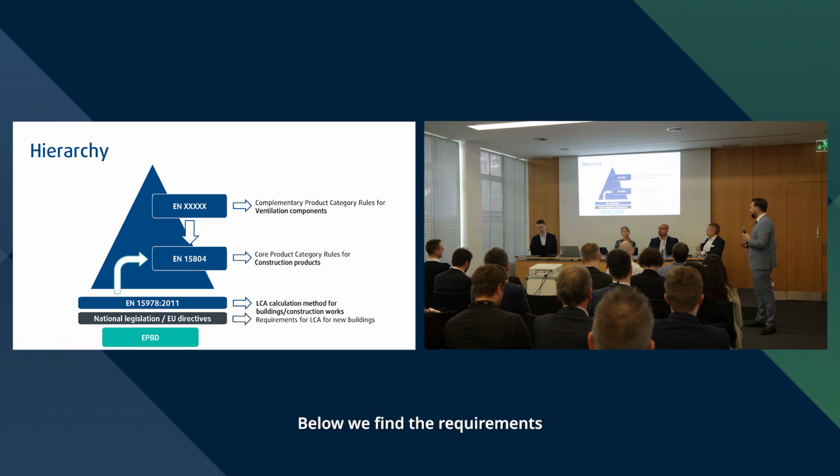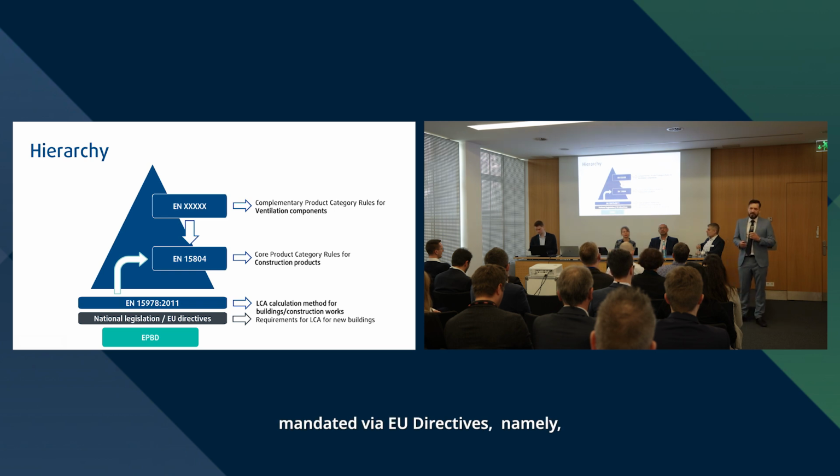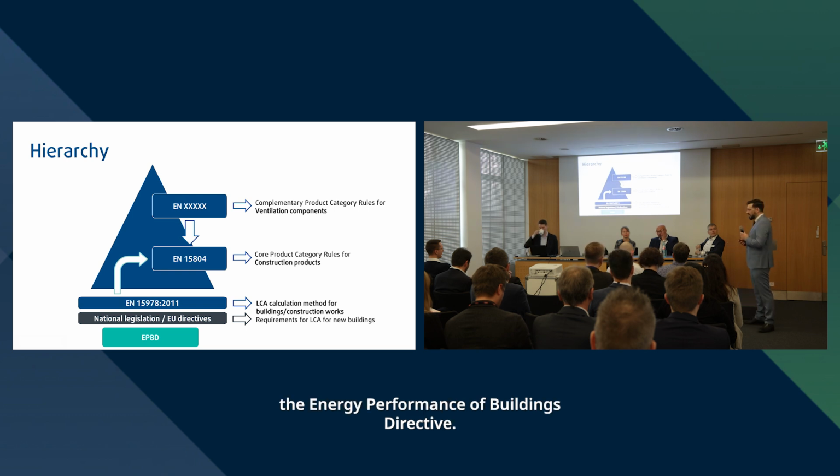Below, we find the requirements for life cycle assessments for buildings, as mentioned, already implemented in some local building codes, and soon mandated via EU directives, namely the Energy Performance of Buildings Directive.